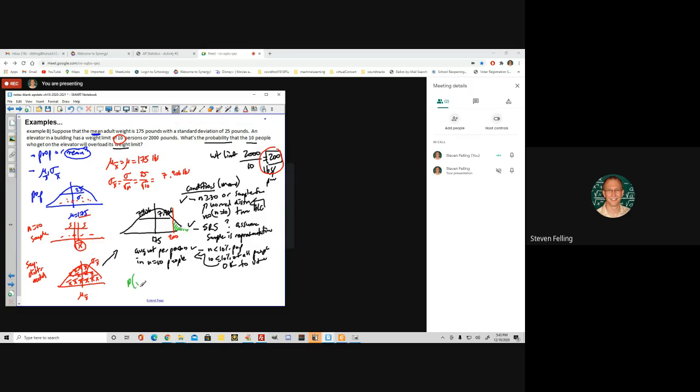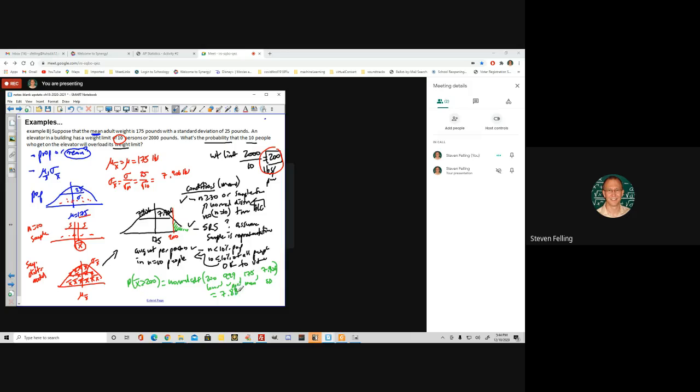So the probability that the average weight is at least 200 pounds is normal CDF from 200 as our lower boundary to infinity as the upper, with a mean of 175 and a standard deviation of 7.906. Okay, and at this point we know how to get that in a calculator.